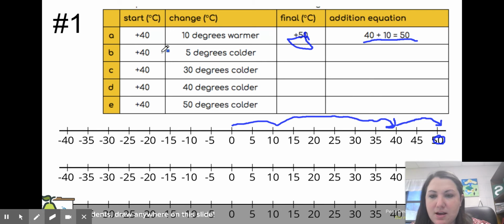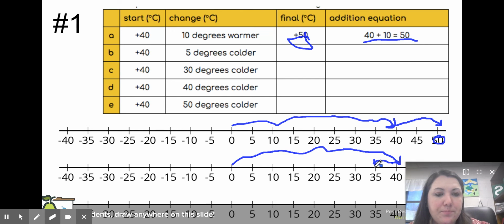Now, if we notice here, it's getting 5 degrees colder. So we're going to go up to 40 again. But we know it's getting colder, so we're going to go backwards 5 to show my problem. Now remember, we're only working with addition here. So I know a lot of you would probably say 40 minus 5.